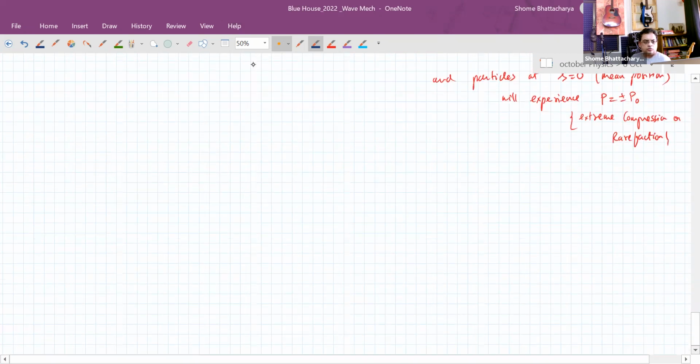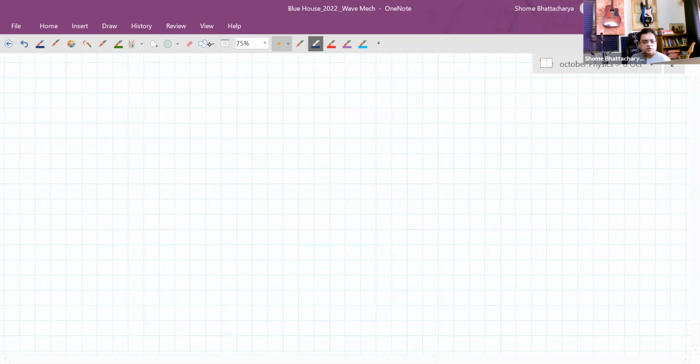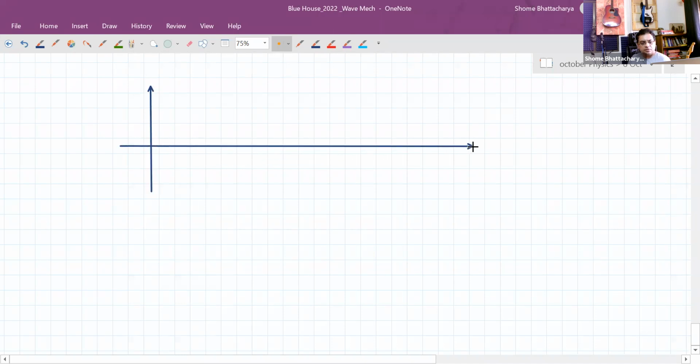Okay, so let's also understand this in this context, that if we look at the graph of the displacement versus time, but remember here the displacement is not along the y-axis. This is only a graph. If you look at a snapshot of the displacement, here S is actually the longitudinal displacement along the x-axis.